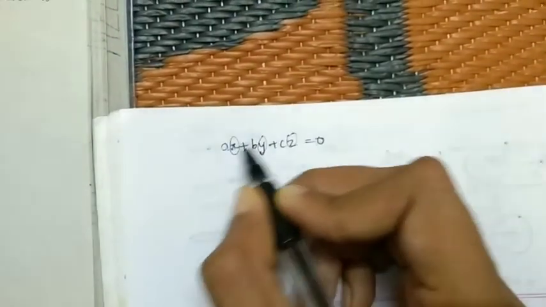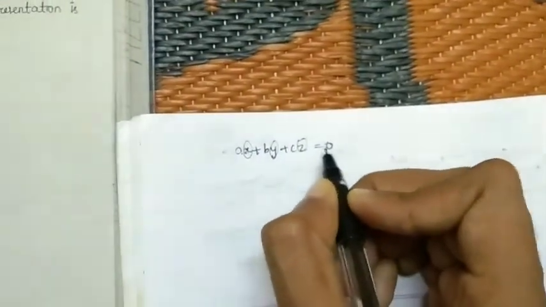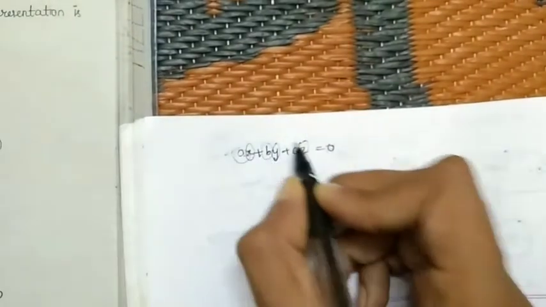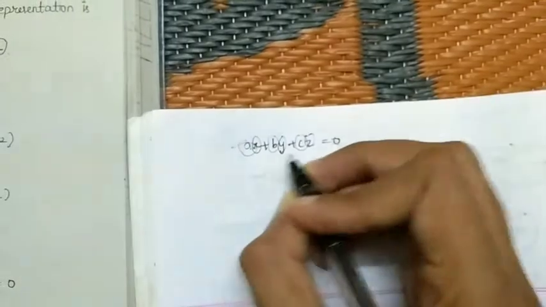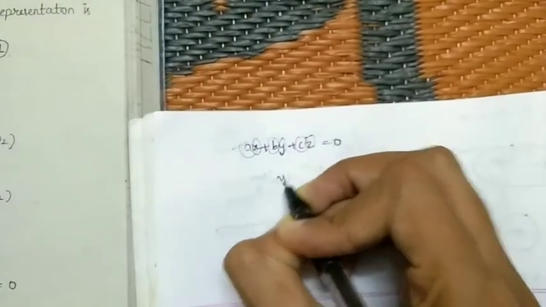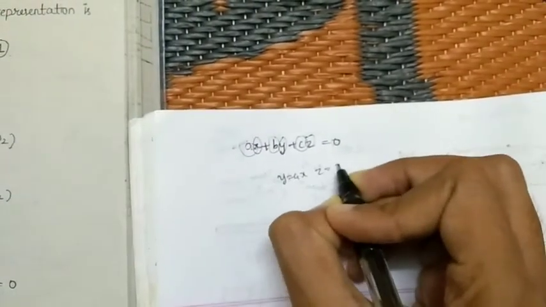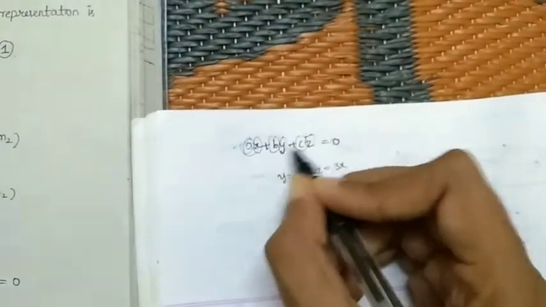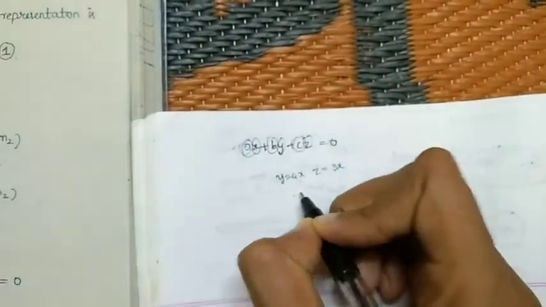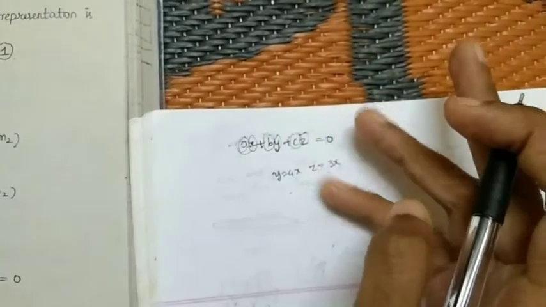Their summation would become 0 only when their coefficients a, b, c are 0. And if they are dependent, if we suppose y equals 4x, z equals 3x like that, then we would have some possible values for a, b, c, that is minus 1, minus 2, minus 3, or plus 1, 2, 3 like that.